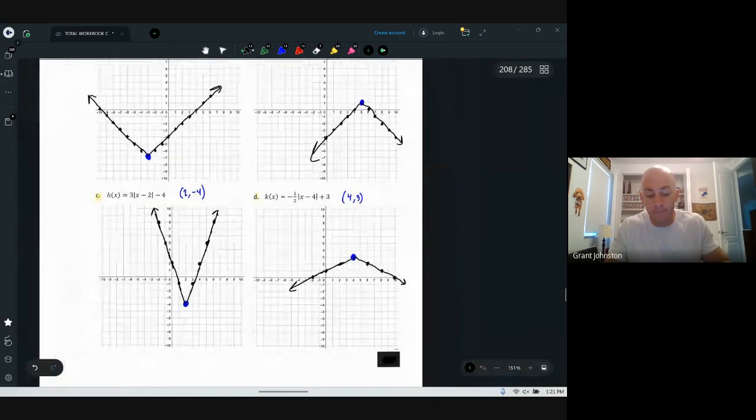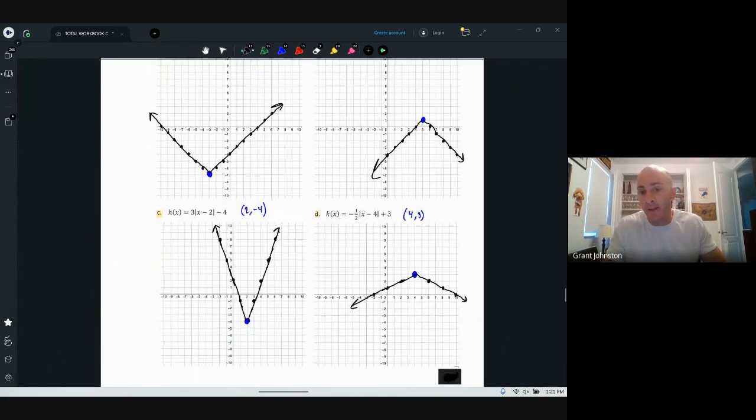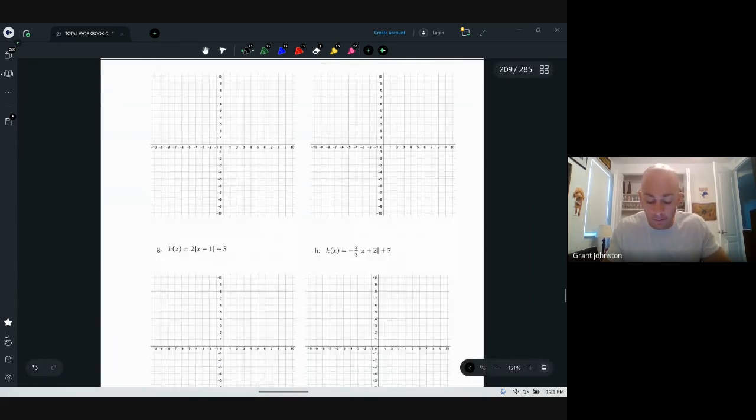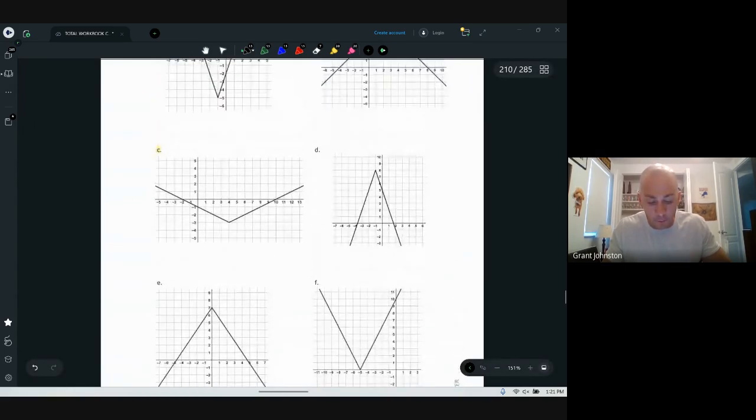Okay. So that's how you graph it without a table. We just identify the vertex and identify kind of how the slope's going, and plot from there. So I'm going to let you do all these ones. And I'm going to do a few of these for you.